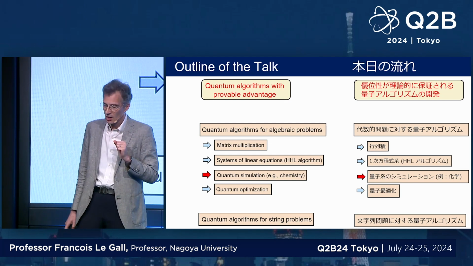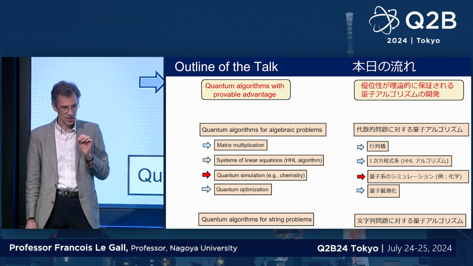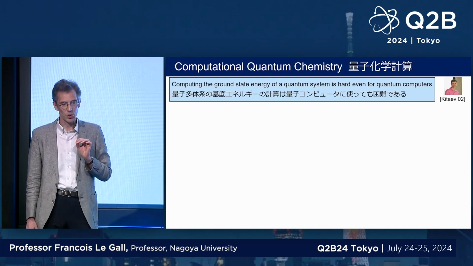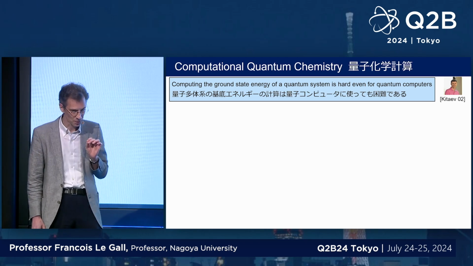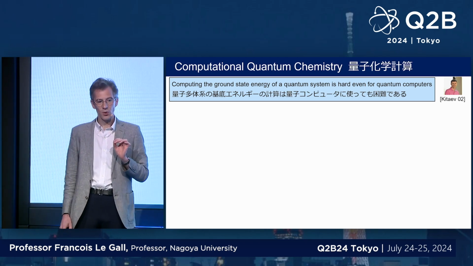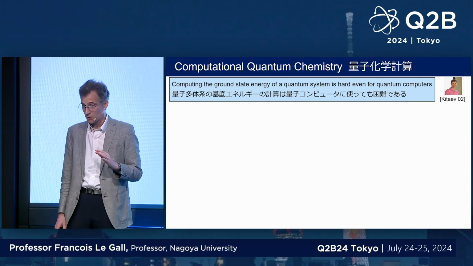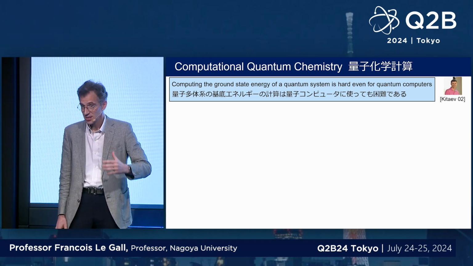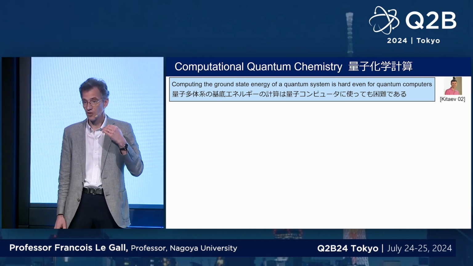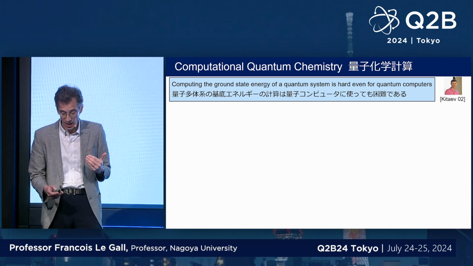Now I will move to the next one, which is quantum simulation, especially computational quantum chemistry. Computing the ground energy of a quantum system is a very fundamental problem, but it is very hard. It's known to be hard even for quantum computers.